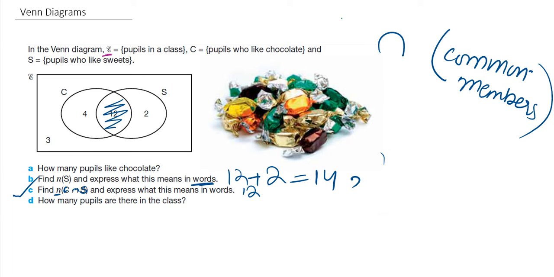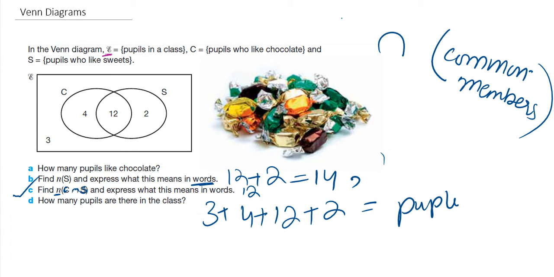This overlapping shows that. All right, how many people are there in the class? You have to total all of these: 3, 4, 12, and 2. This whole value gives you the people in the class.